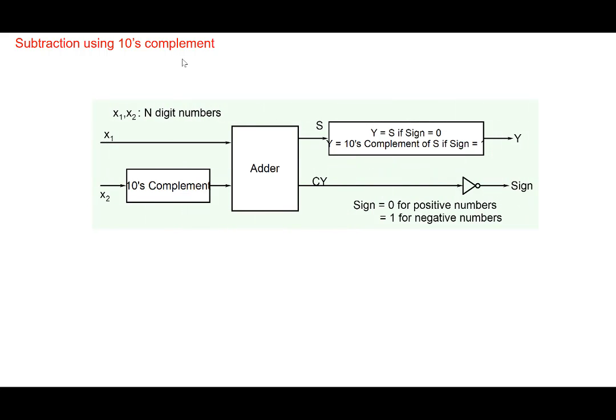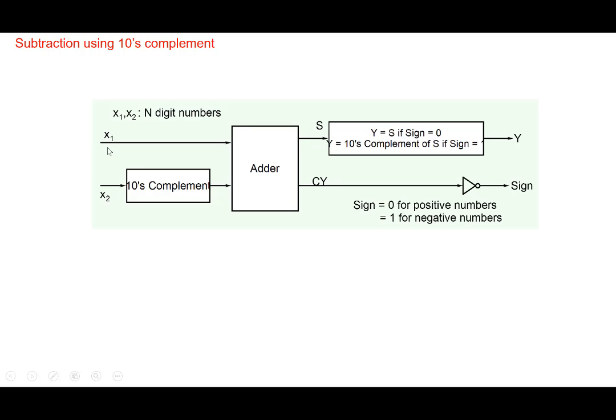Suppose we're talking about the familiar decimal system. Suppose x1 and x2 are two n-digit numbers, and you would like to subtract x1 minus x2. Of course you know how to do it, but what we are showing here is that you can do subtraction by actually doing addition, provided you take the tens complement of the number that you are subtracting.